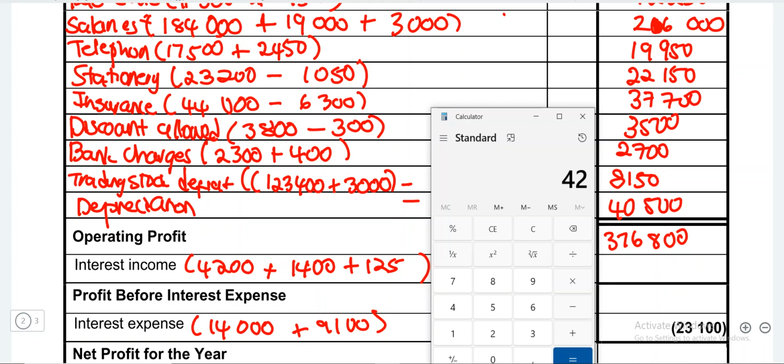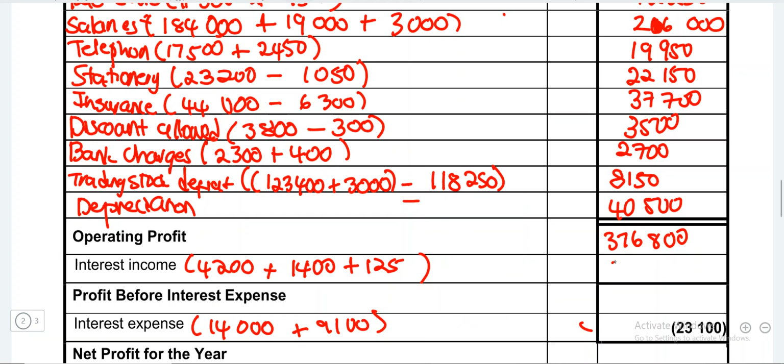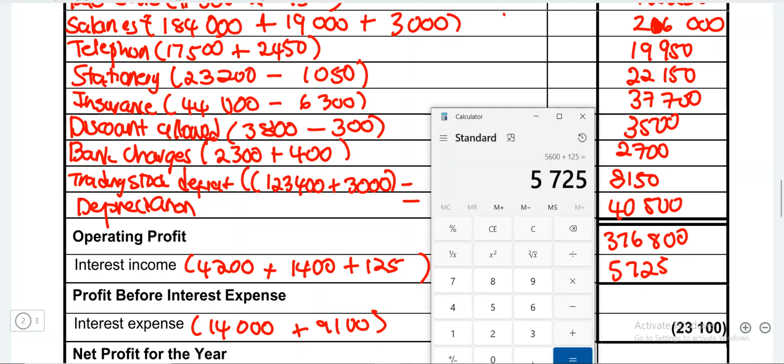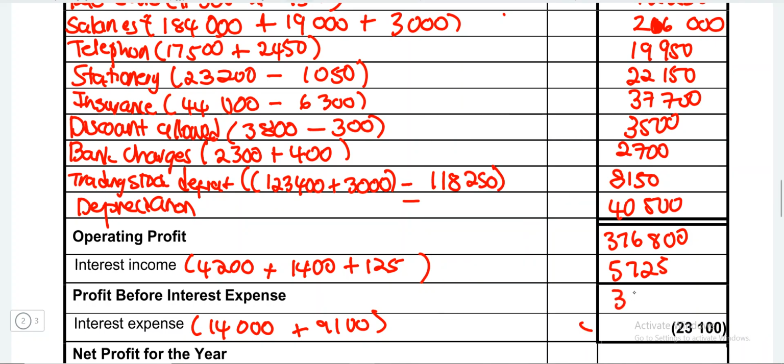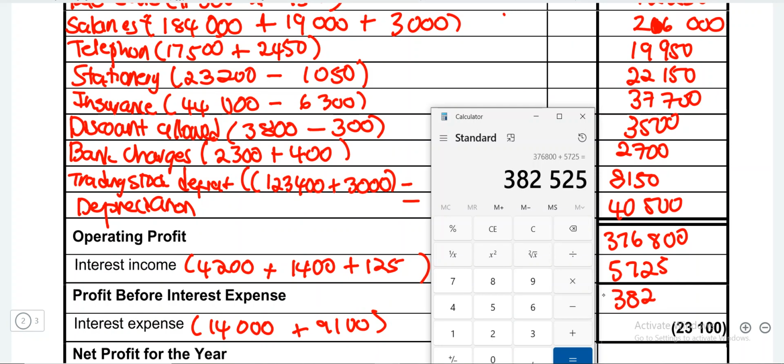So we're going to say 4,200 plus 1,400, and then also plus 125, which will give us 5,725. And then from there we are going to have profit before interest expense. So we will say 376,800 plus 5,725. It will give us 382,525.